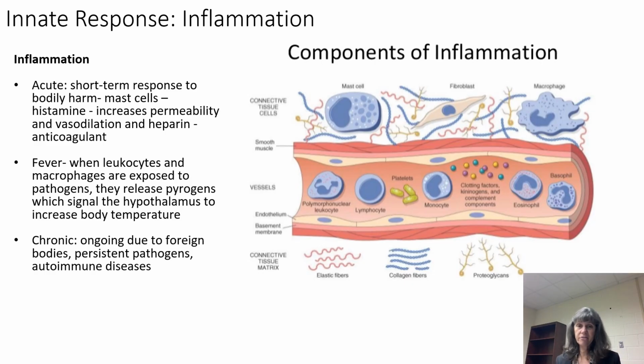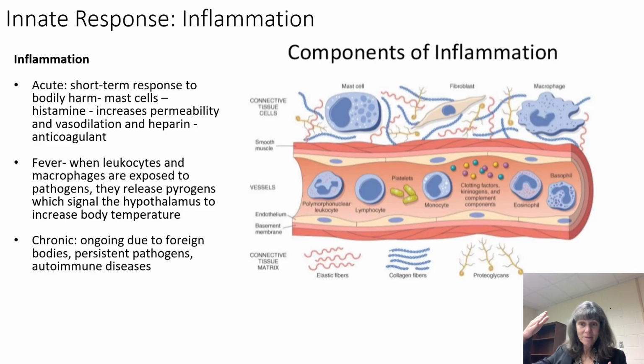A fever occurs when leukocytes and macrophages are exposed to pathogens, and those pathogens cause the release of chemicals known as pyrogens from the leukocytes and macrophages, and that causes the hypothalamus to increase body temperature. The reason for that is most bacteria prefer normal body temperature.